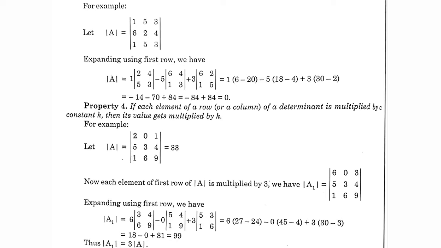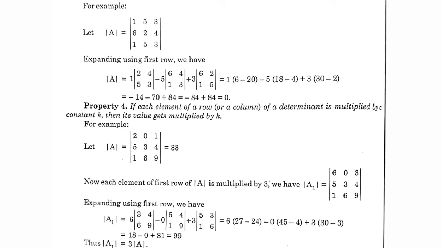Right students? Suppose you have determinant A, its value is 33. Now each element of the first row of A is multiplied by 3, so we are getting 6 0 3. Expanding this, we will get 99. So 99 means we can write 3 into 33. Right students? Is it clear?